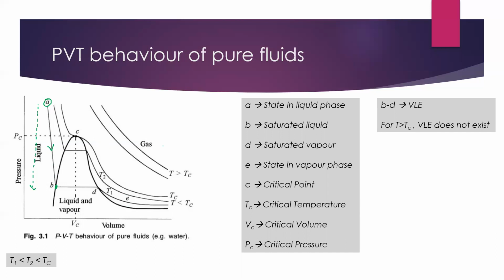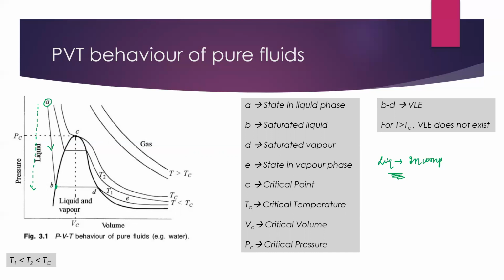This is one reason why we usually take liquids to be incompressible, because generally with a great increase or decrease in pressure, the volume change is very small. That is one of the very important assumptions that is taken.